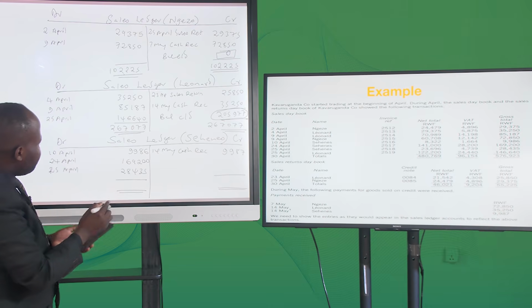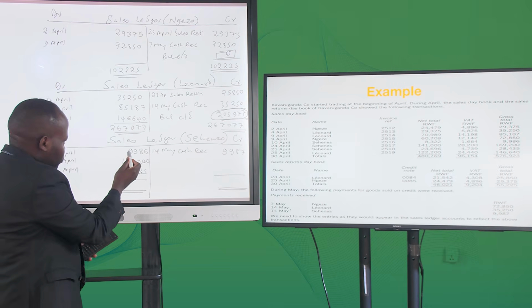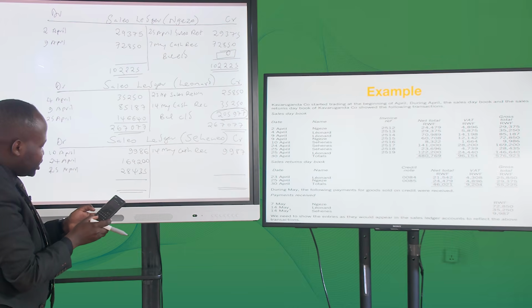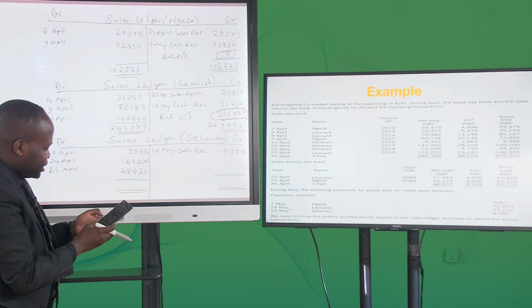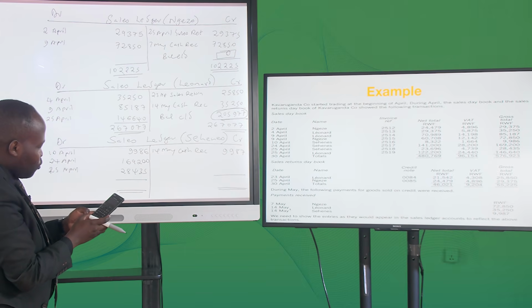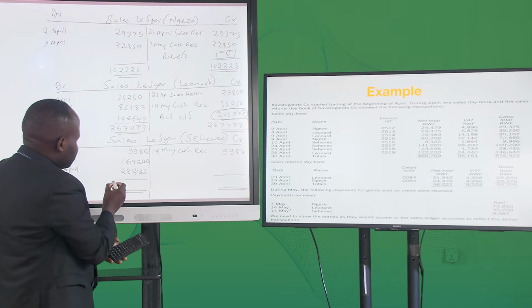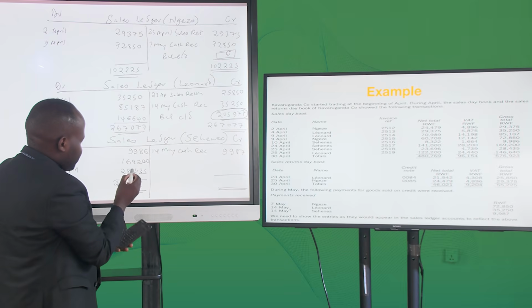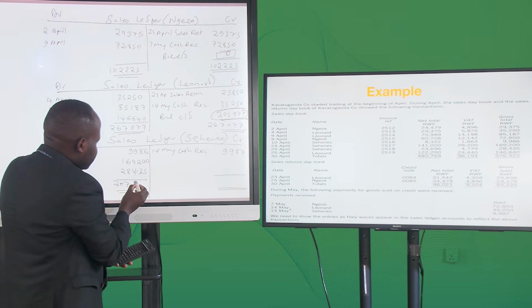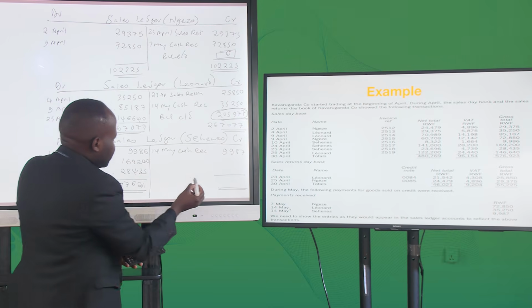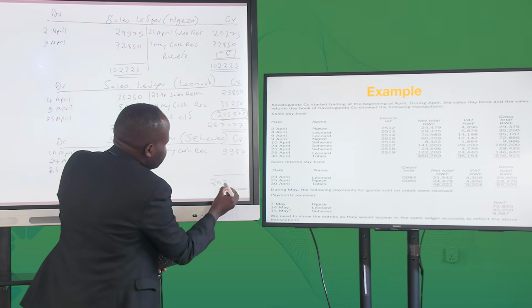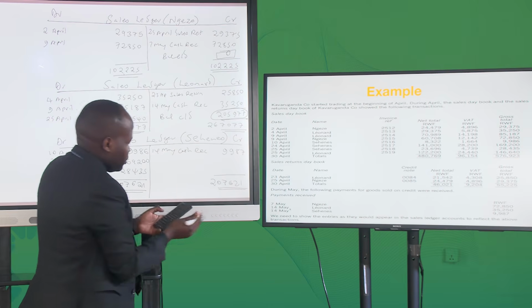Finally, the same also on this: 9,986 plus 169,200 plus 28,435. That gives us 207,621.